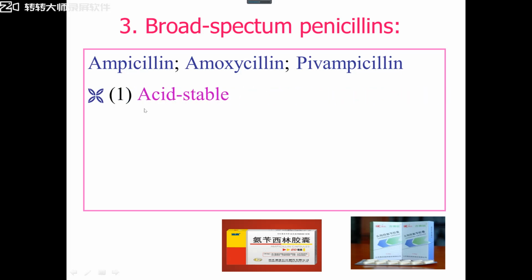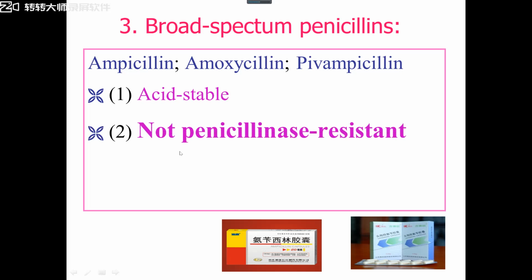The first feature of amoxicillin is that it is acid stable, so we can give amoxicillin or ampicillin orally. The second feature is that it is not penicillinase resistant. What's the meaning? If we use amoxicillin for several days, one to two weeks later drug resistance occurs.